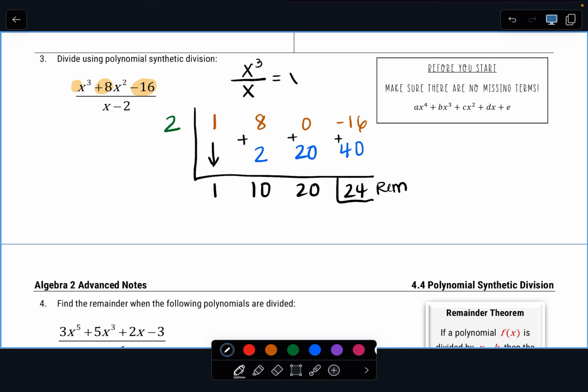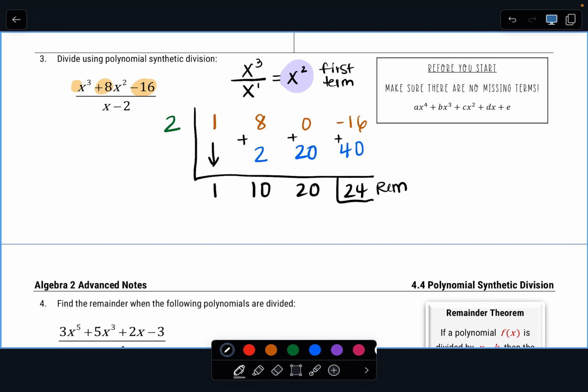X squared. Now, if you are dividing exponents, you're really subtracting them because 3 minus 1 is 2. So I'm going to end up with x squared. This is going to tell me what my first term has to be. So my first term has to be an x squared. It's always one less than the dividend.